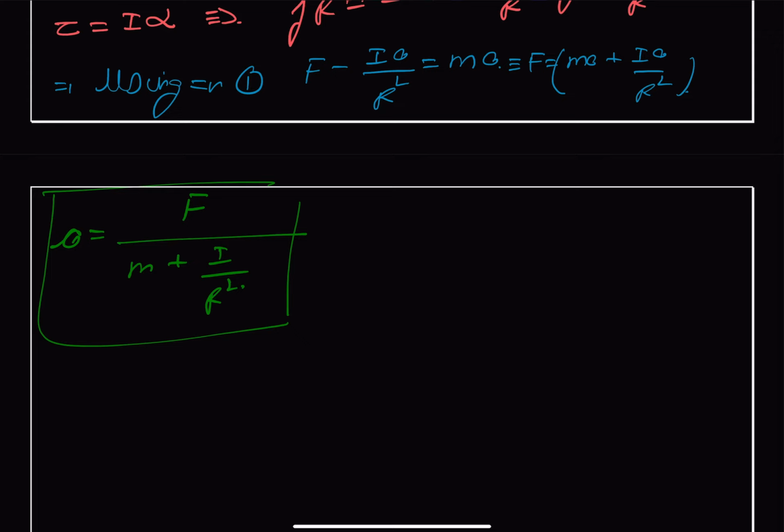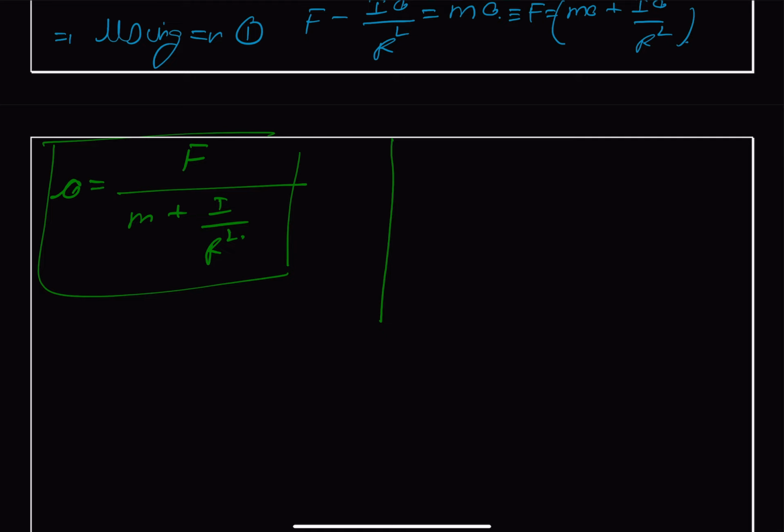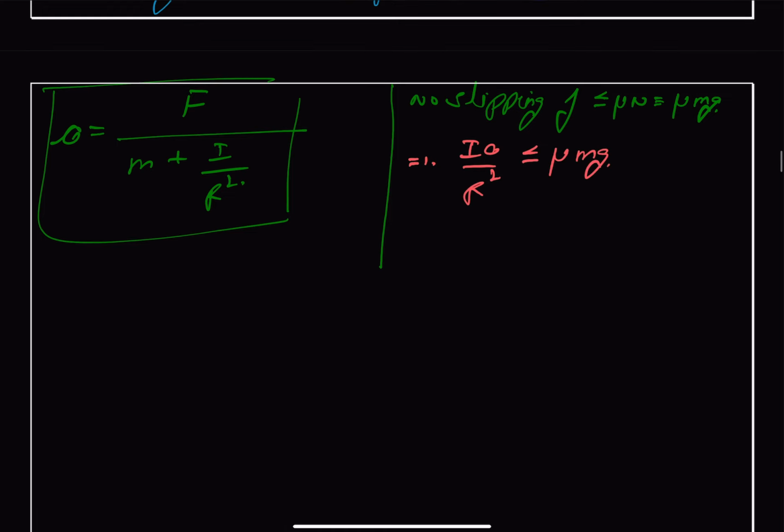So for no slipping, our frictional force should be less than or equal to mu times N, where N is the normal force, which is equal to mu m g. Therefore, I a upon R square should be less than or equal to mu times m g.